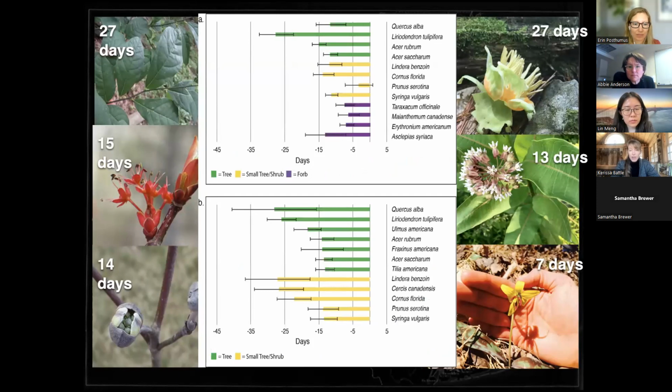And we did notice some differences between the trees and the forbs, which could theoretically complicate the canopy light differences and how forbs respond. So lots of possible issues with this level of difference in timing across life forms.